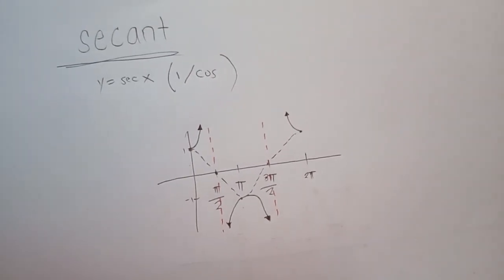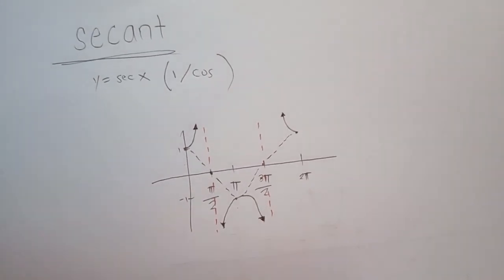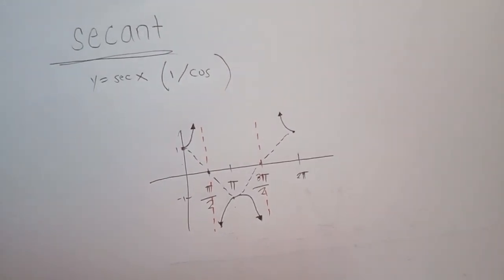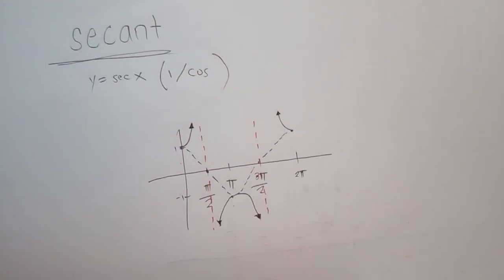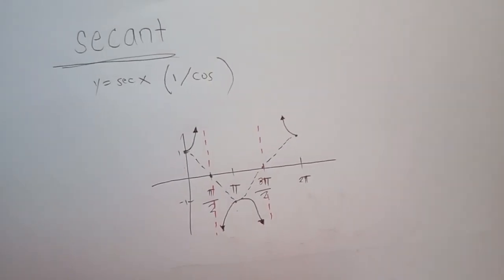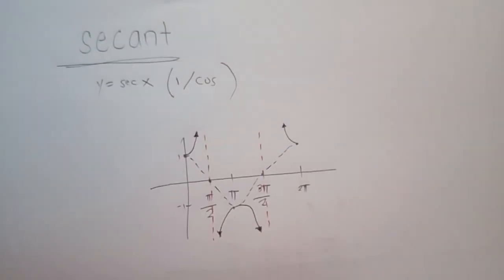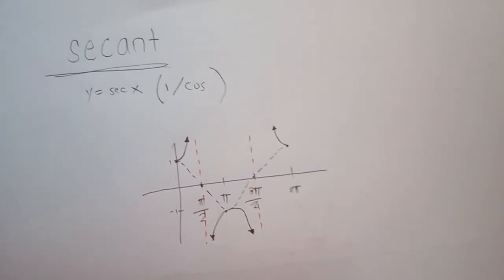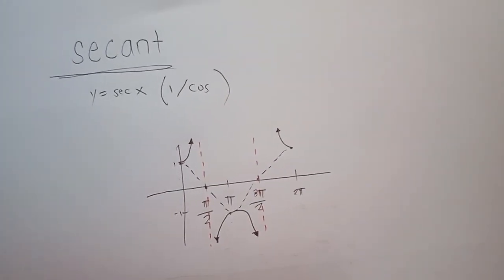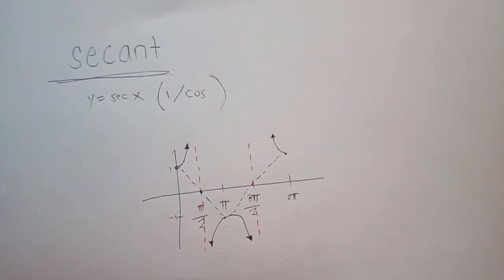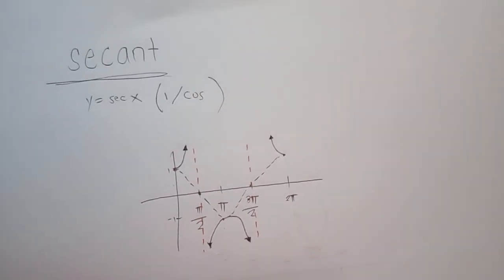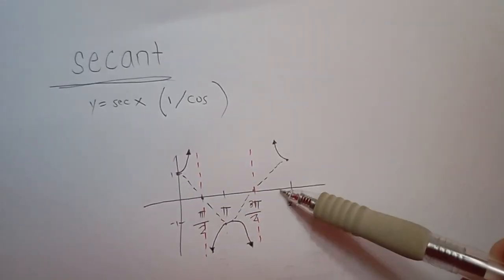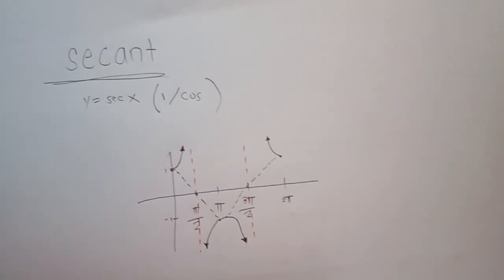Now at this point, plot the vertical asymptote everywhere the cosine function touches the x-axis or the midline. This is where you want to draw the vertical asymptotes. So we have the vertical asymptotes, and let's graph it.